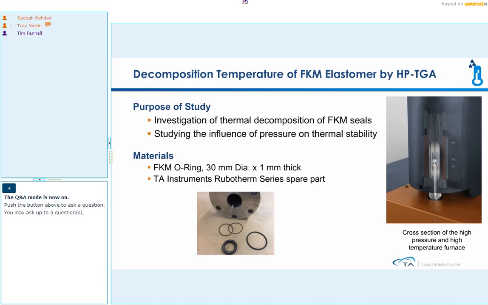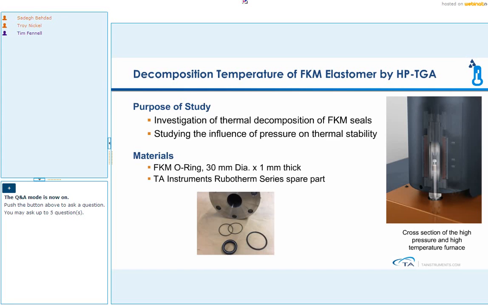This case study was done on one of our own spare parts. This was an FKM O-ring that is used in our Rubotherm product line. And this is something that you can do actually. We are looking at how long it takes for the O-ring to break or decompose in different atmospheres and at various pressure levels, to have a recommendation for replacement of that part.